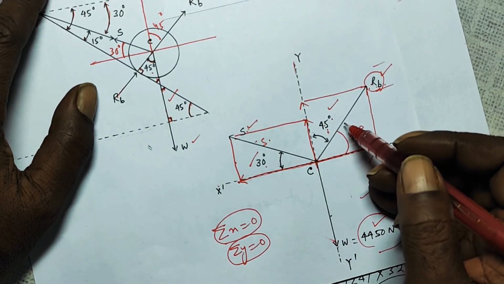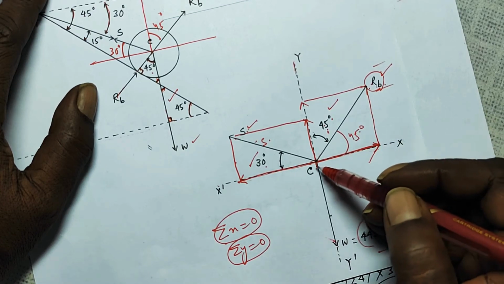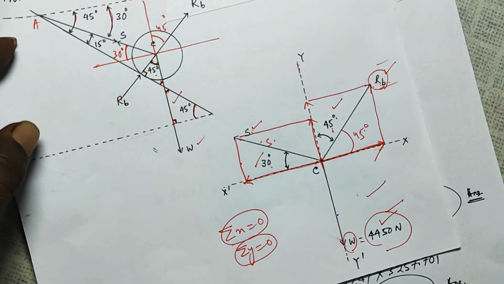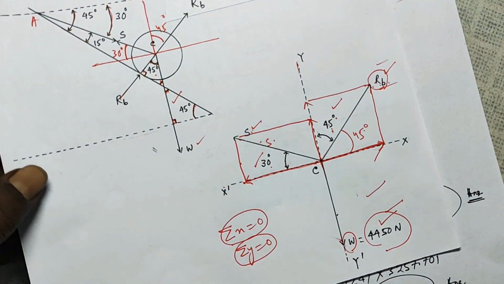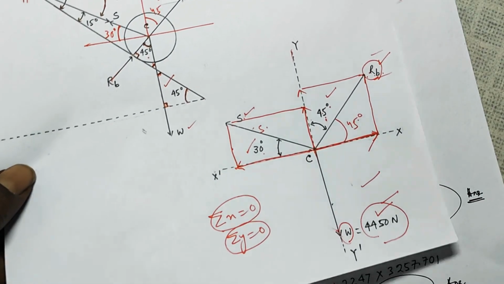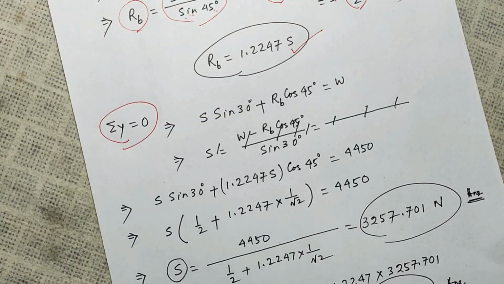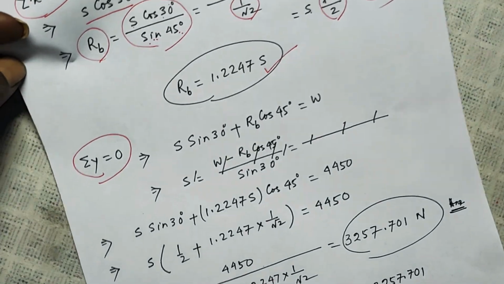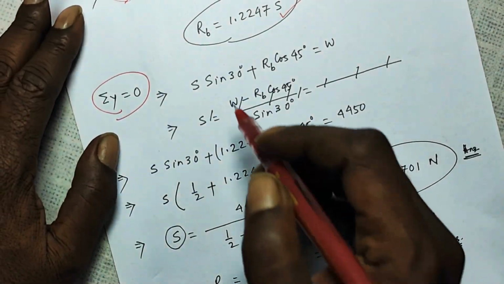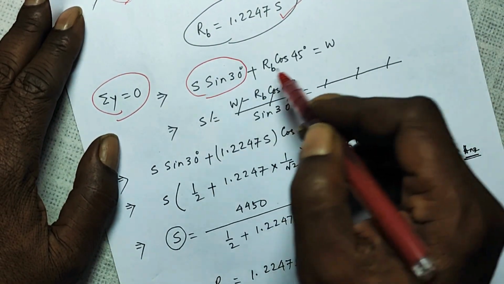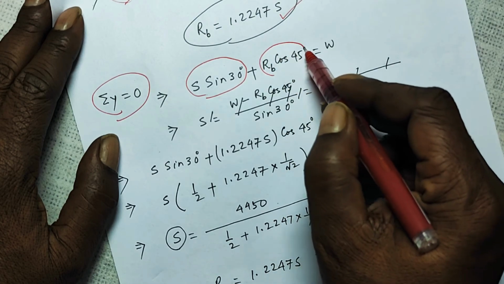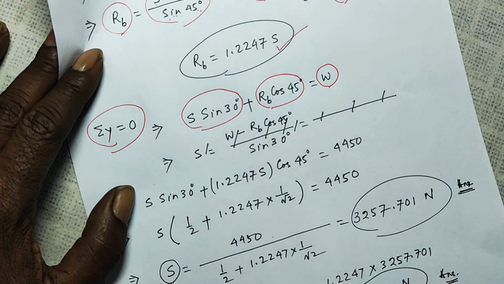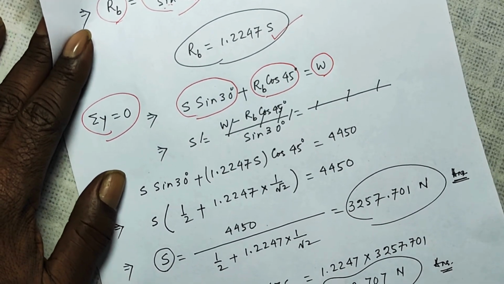They will be added, and their numerical values should be equal and opposite to W, so that they cancel and the net force is 0, therefore it is in equilibrium. So that is what I am doing in sigma y equal to 0: S sine 30 along the positive y-axis, RB sine 45 along the positive y-axis, W along the negative y-axis.